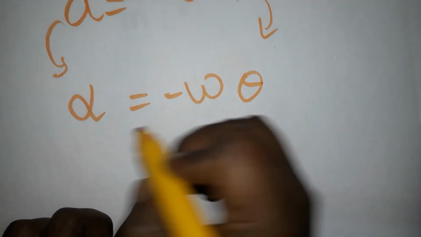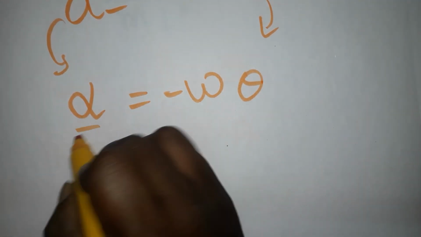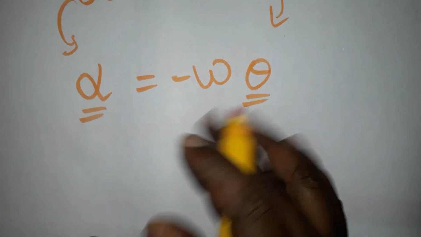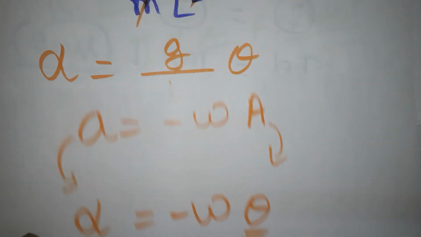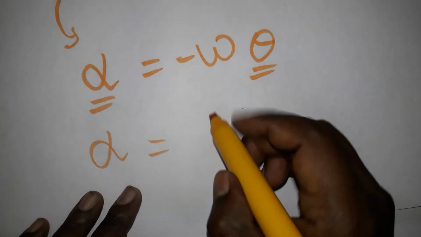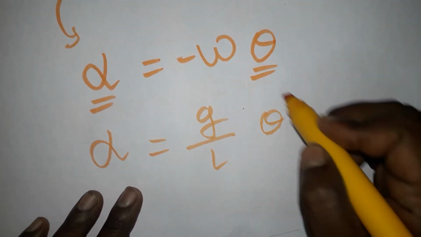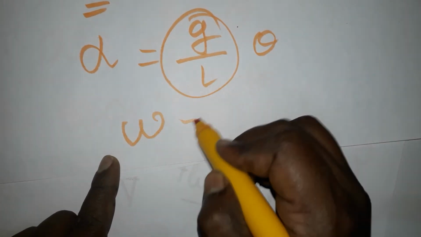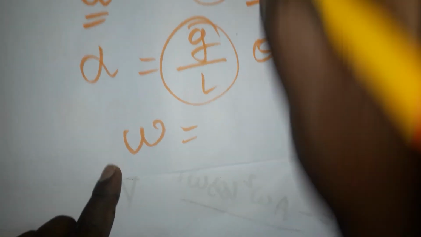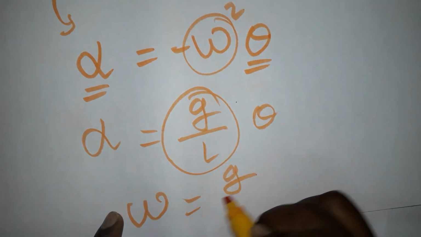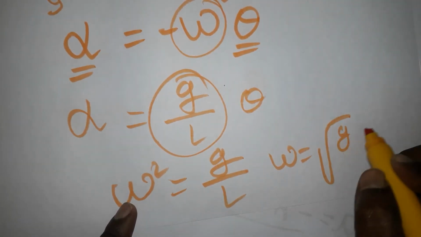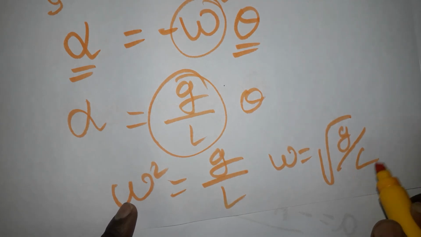In rotation motion, amplitude will be theta. So again alpha is equal to g divided by L theta. That means omega square is equal to g divided by L. Omega is equal to root of g divided by L.